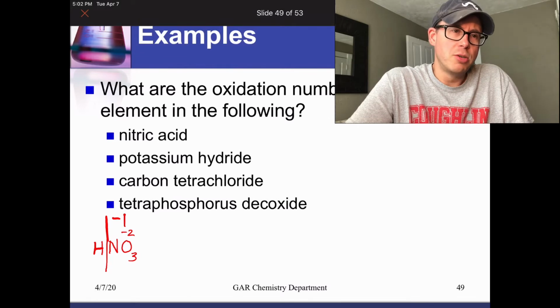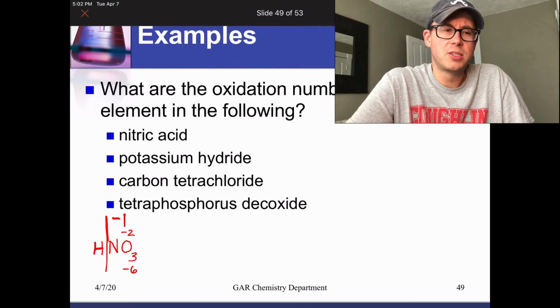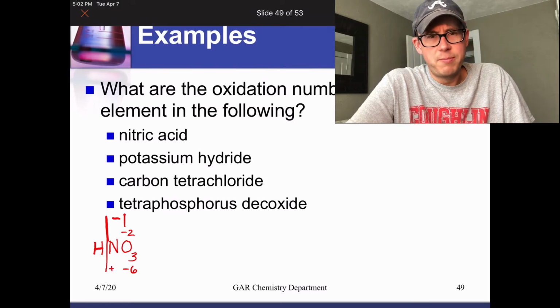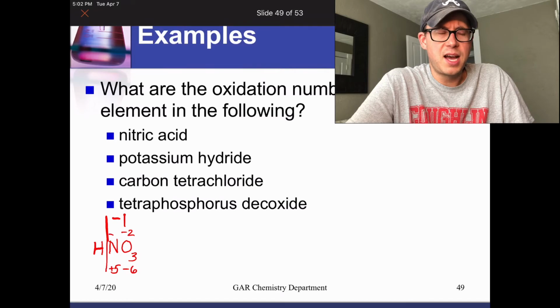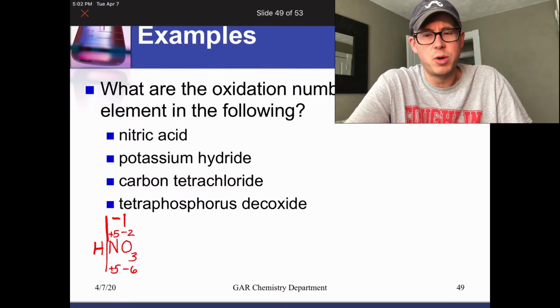What would the nitrogen be so that when added to that -6, we get a -1, which is the charge of nitrate? And the answer is +5. So the nitrogen has an oxidation number of +5. For hydrogen, there is the rule that the oxidation number of hydrogen is almost always +1. And we can prove that in this compound because if nitrate is -1, the hydrogen has to be +1 to balance it out.